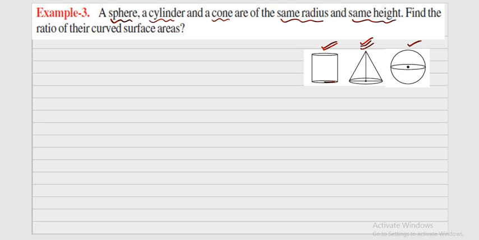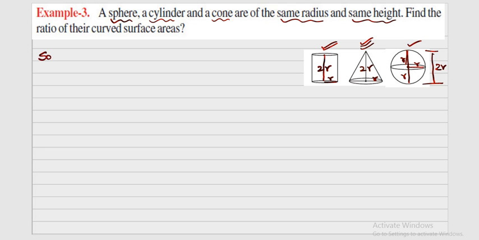So this radius is the same, this radius is the same, and this radius is also the same. Now if you observe, this is also a radius only, no? And if I consider this total, this is r, this is r. That means indirectly, this total height is nothing but 2r, which is given for the cone as well as the cylinder, right? So the heights of the cone and cylinder are 2r and the radii are nothing but r.